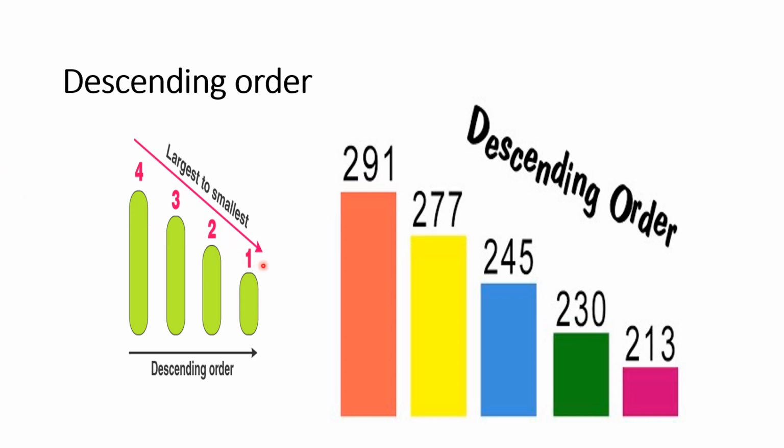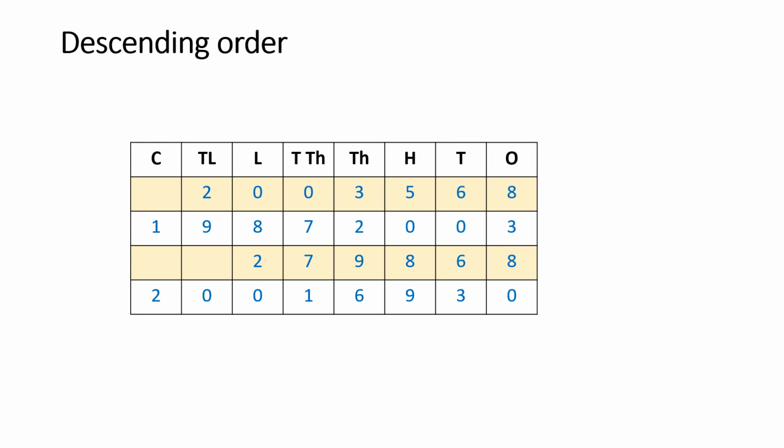This is the descending order. Now another example, just see, 291 is the largest one, then 277, then 245, then 230, and at last the smallest one, 213.